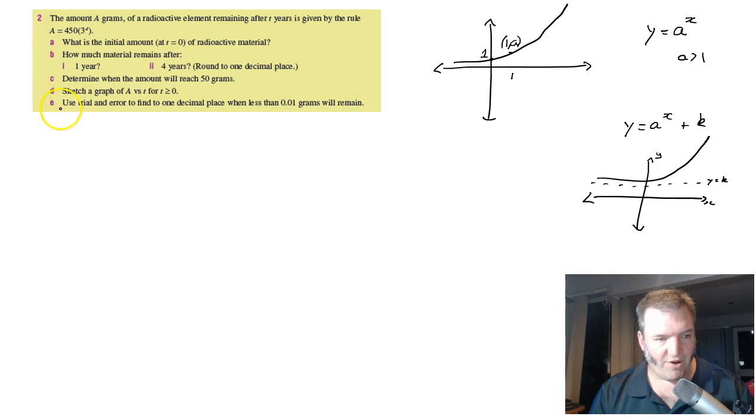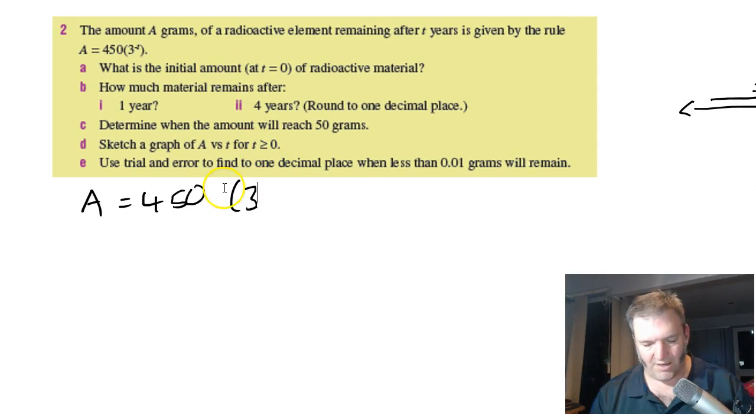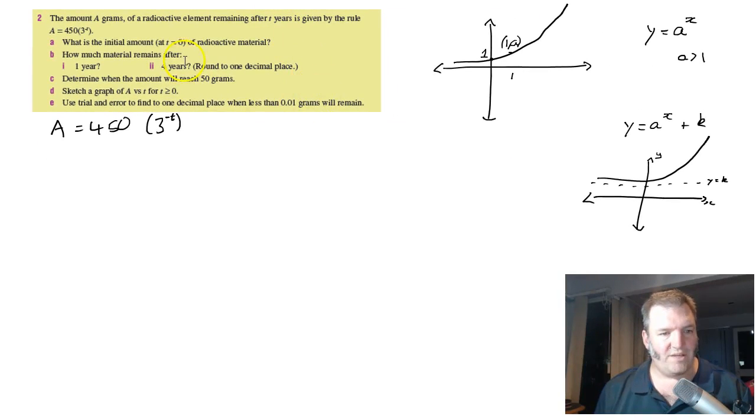So here I've got my equation. A equals 450 times 3 to the power of, is that negative t? It's a bit small to see on my screen, and it is indeed negative t. So 3 to the power of negative t. Let's zoom back out again. What is the initial amount?